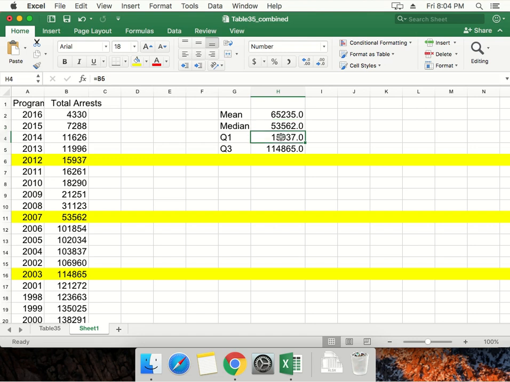If I look at Q1 and I see 15,937, that means 25% of my data points have values lower than 15,937. And Q3 means 25% of our data points contain values higher than 114,865. Hopefully that makes sense, right? Literally all I'm doing is dividing it into quarters.